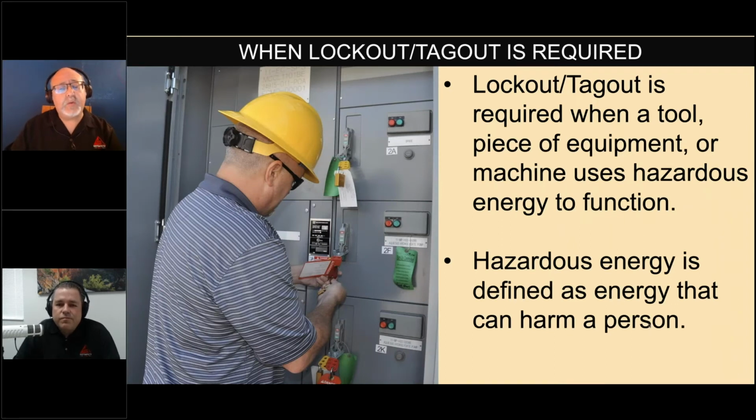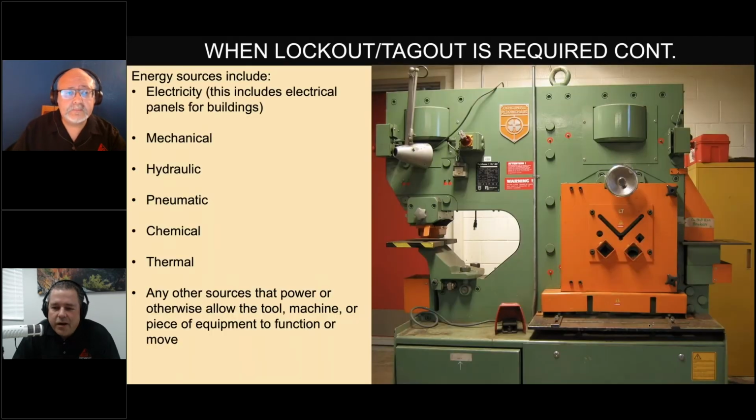So what is required? Lockout tagout is required when a tool, piece of equipment, or machine uses hazardous energy in its process. So what is hazardous energy? It is defined as energy that could harm an individual. This could be a very wide array of things.